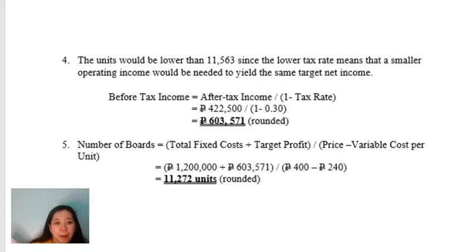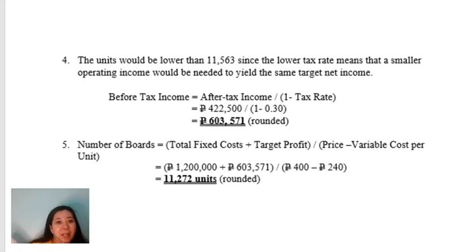For the number 4 requirement, the units would be lower than 11,563 since the lower tax rate means a smaller operating income would be needed. This time our income tax rate has been lowered from 35 to 30%, so it follows that the tax base will also be lower.